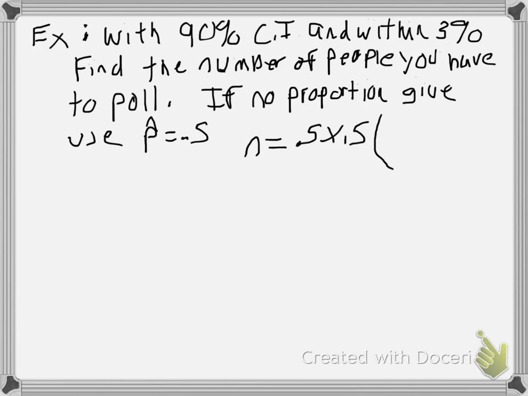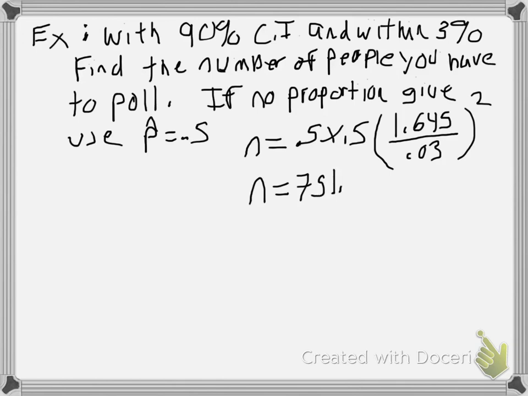So we're going to put 1.645 over 0.03, and we're going to square it. Okay, when we do the math, we get n equals 751.7.